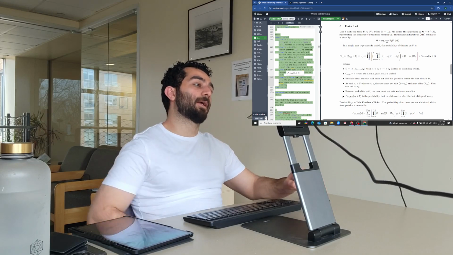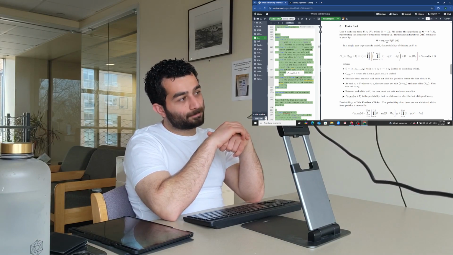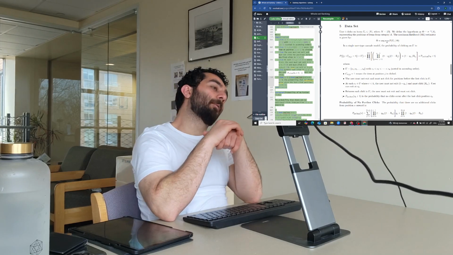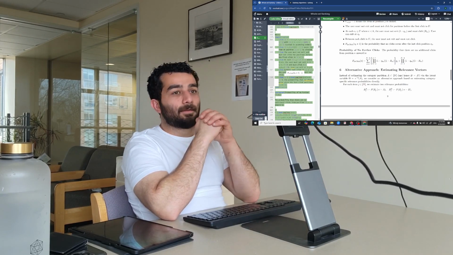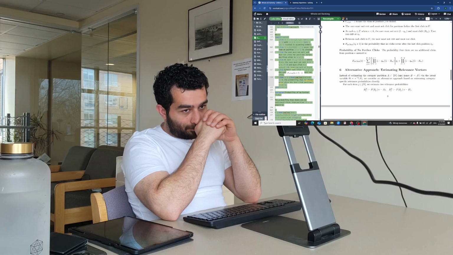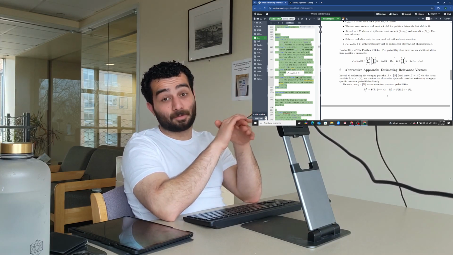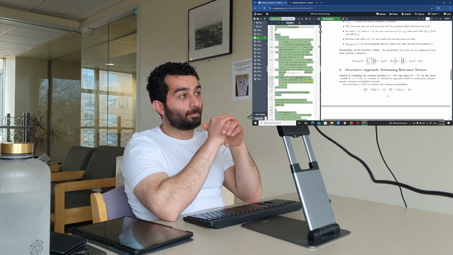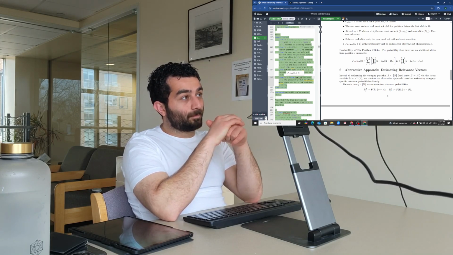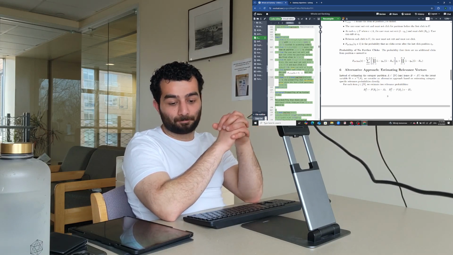So J is at S. Like, what is the probability of exiting at S? What does it mean, by the way? You observe S and you exit. Means you came up to S minus 1.